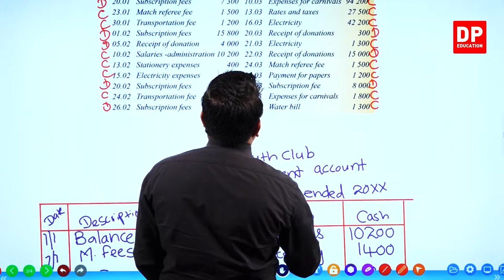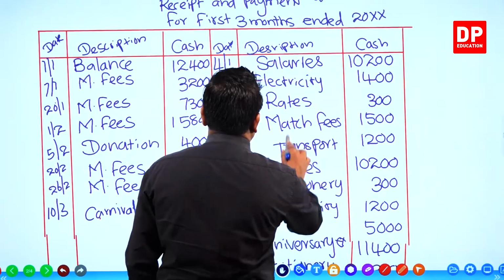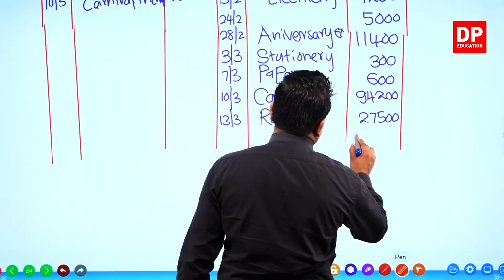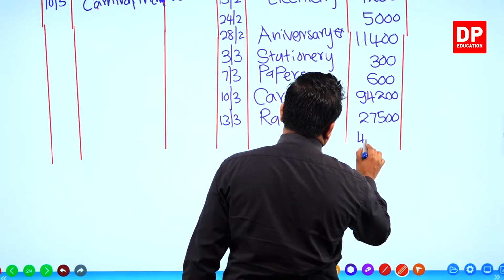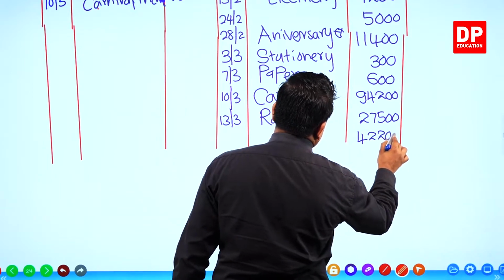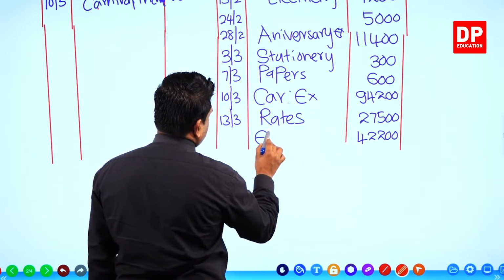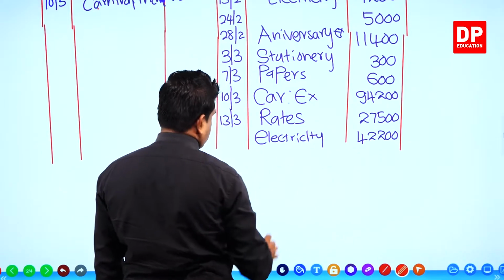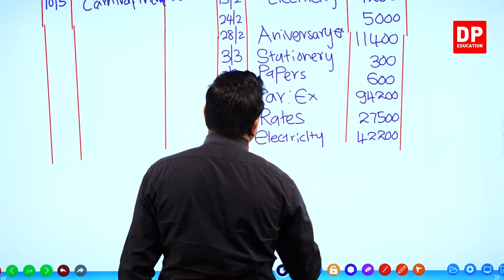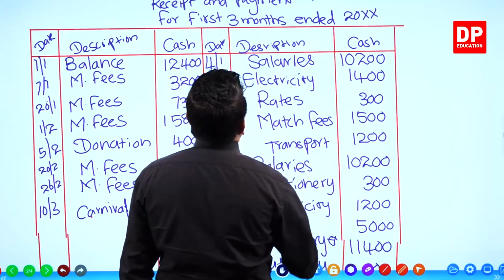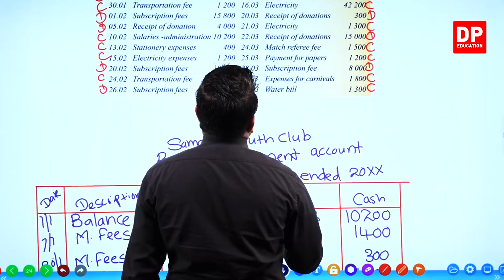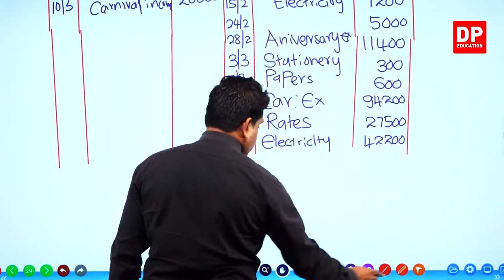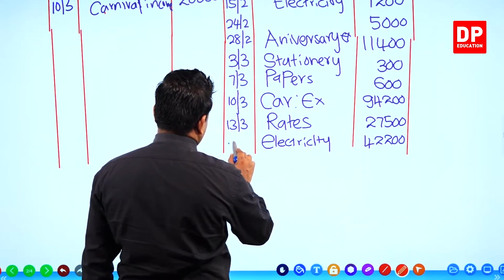Electricity 42,200. Electricity. Date is 316, right?